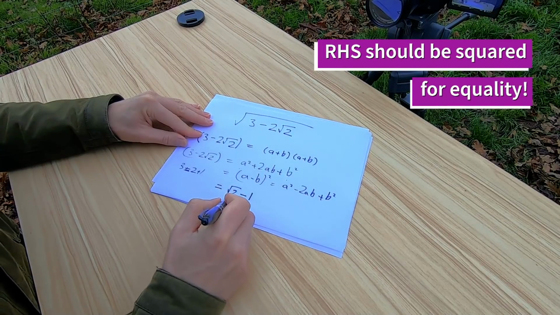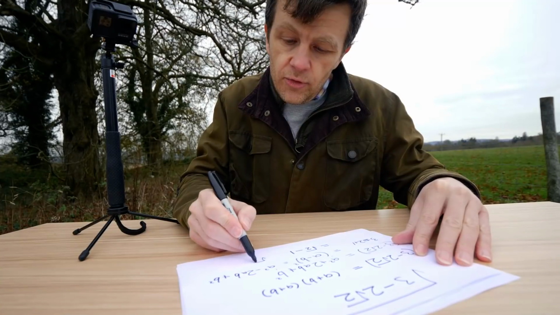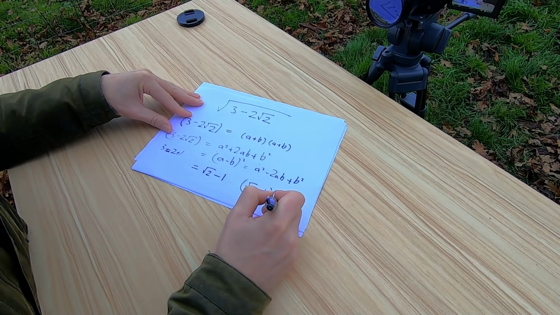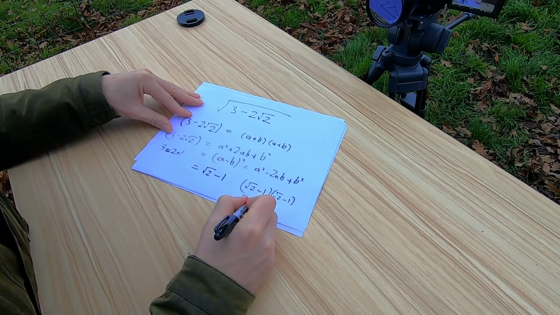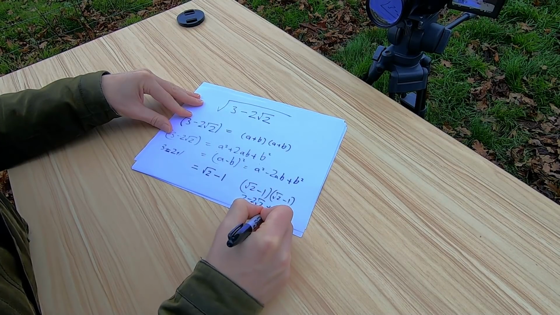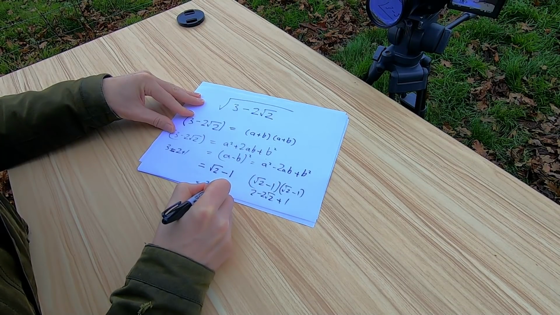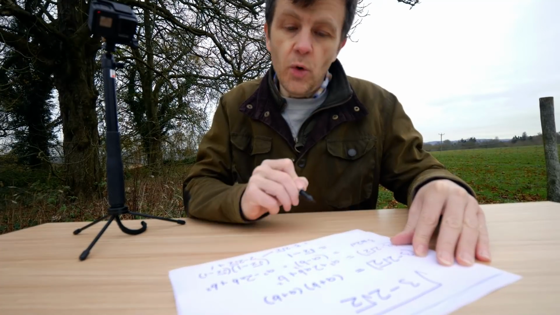And we can check that: if we go over here and say root 2 minus 1 and we square that, we get 2 minus 2 root 2 plus 1, which equals 3 minus 2 root 2, which is what we're looking for.